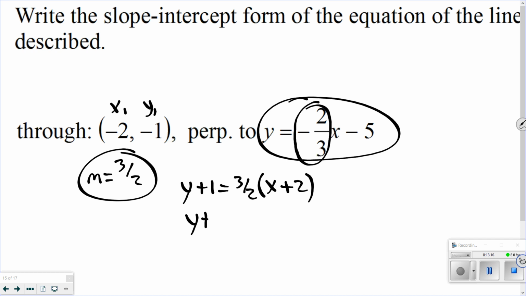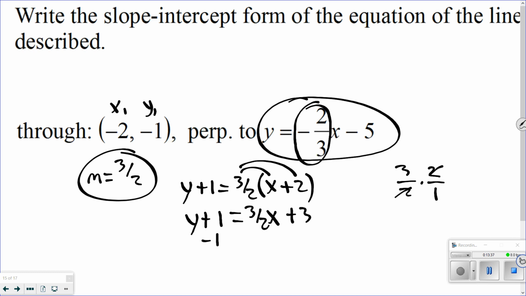Just have to put it in the right form. y plus 1 equals, distribute that through, 3/2 x. 3/2 times 2, make sure you're careful with your fractions here. Those 2's just cancel out. It ends up being 6/2, which is just 3. Minus the 1 over. Okay, there's the equation of our line. y is equal to 3/2 x plus 2.